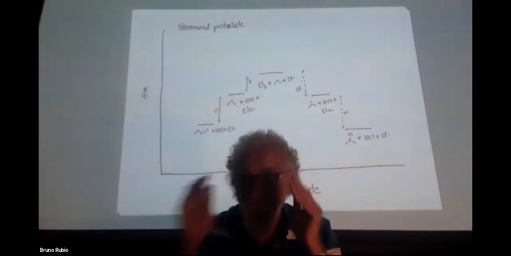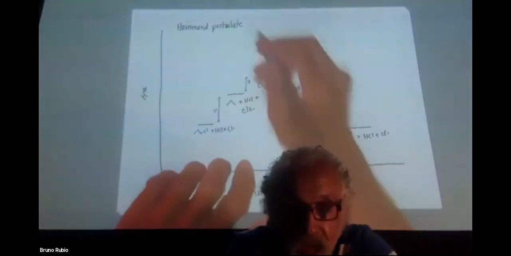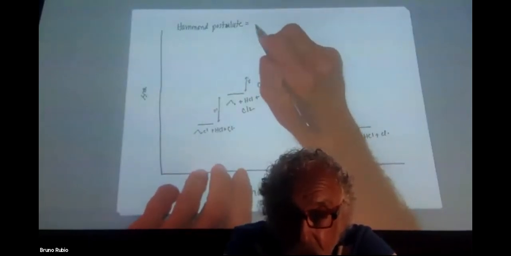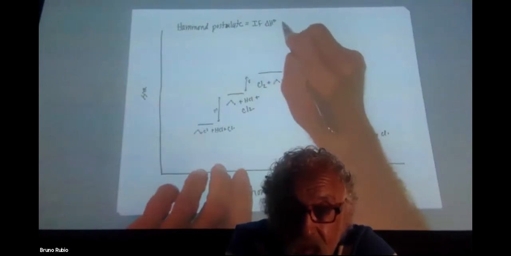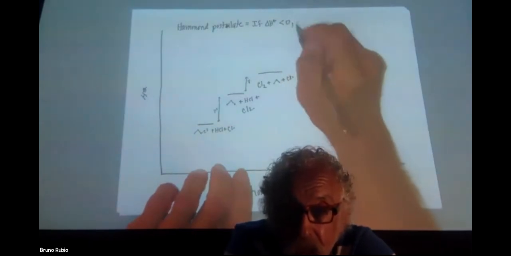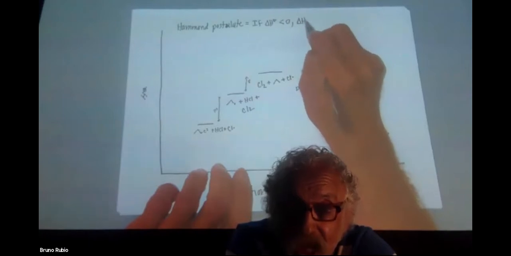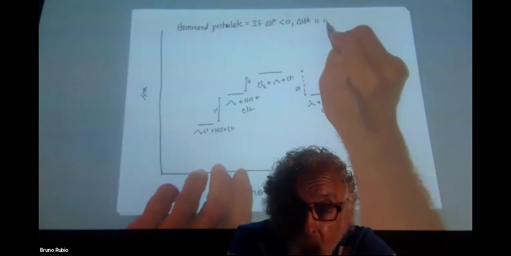Well, what the Hammond postulate is saying, the working assumption, is that if delta H dagger is less than 0, if it's negative, the activation enthalpy is small.